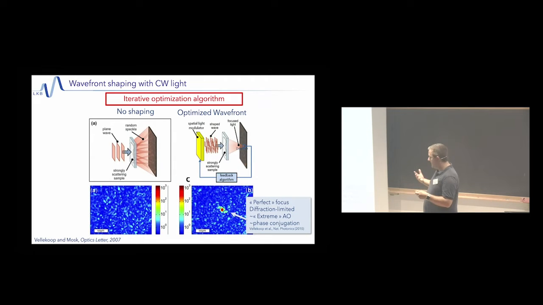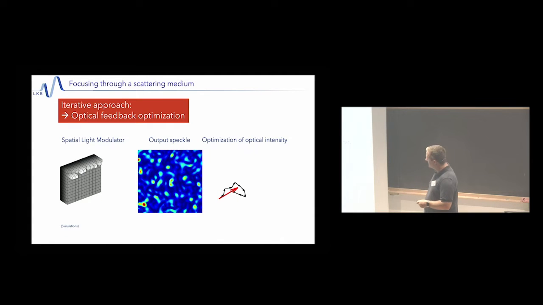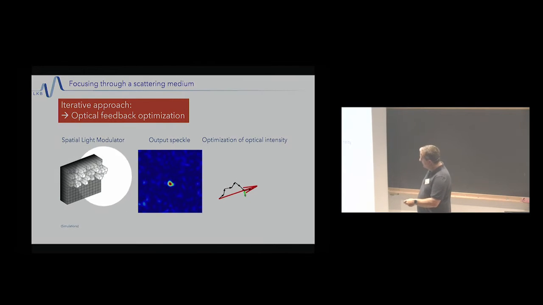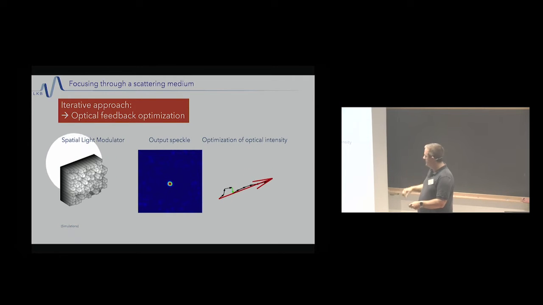You can see it as some kind of extreme adaptive optics. So let me walk you through what exactly happened. This is a simulation that Thomas Chaigne, one of my first PhD students, did. You have the wavefront, and you try to maximize intensity in the center. You play with the phase of every pixel, and you keep the value that maximizes the intensity.